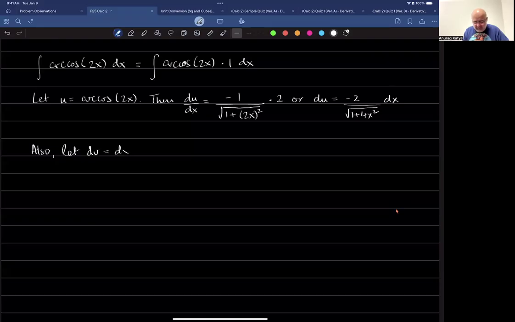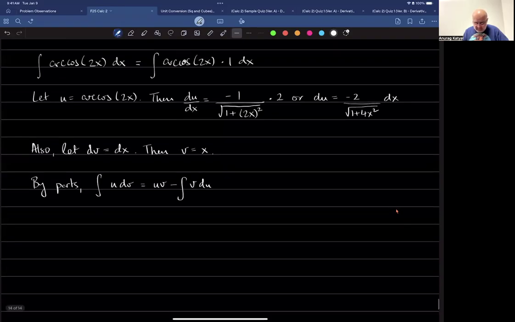That's the easy part. Then v, if we integrate both sides, would just give us x. Integral of dv is v, integral of dx is x. Okay, by parts, integral of u dv is equal to u times v minus the antiderivative of v du.